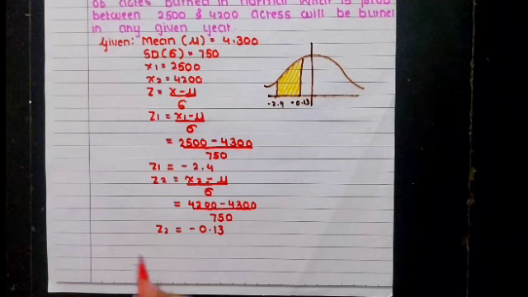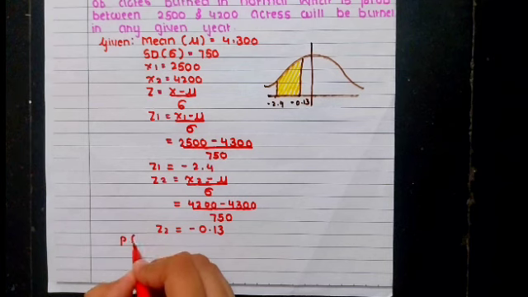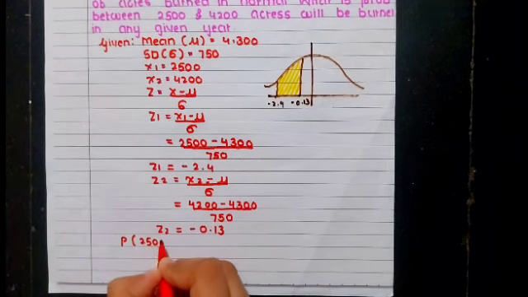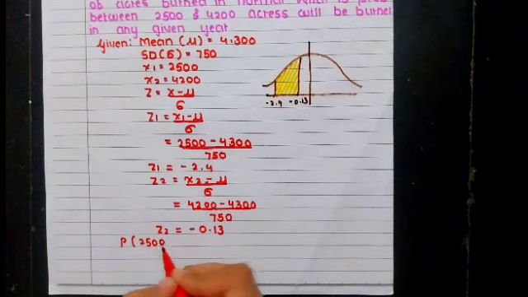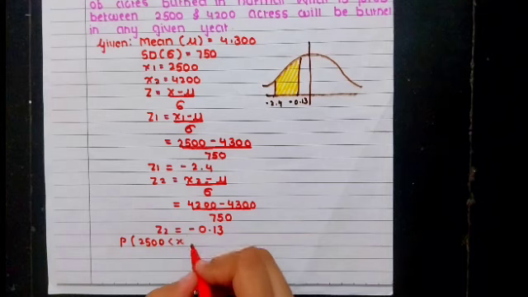First of all we will write the probability of finding the acres between 2,500 and 4,200.